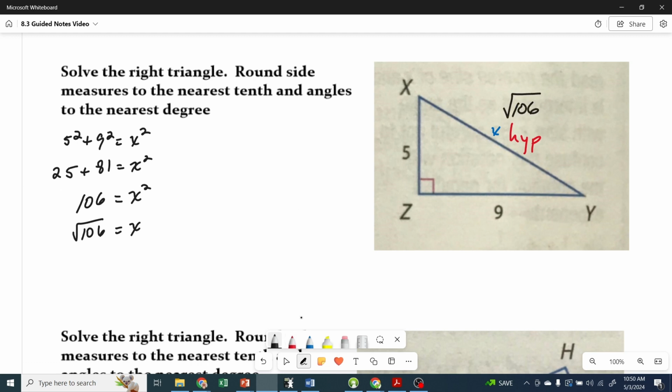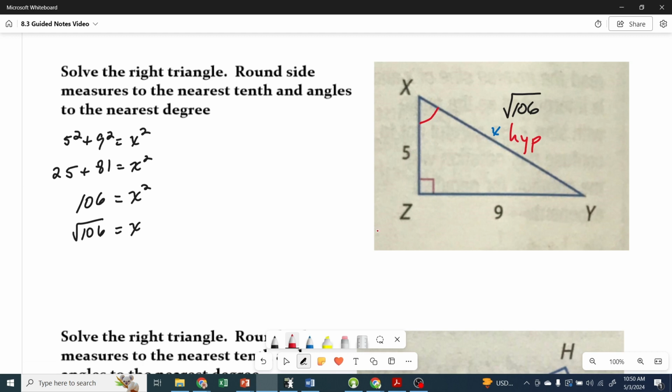Now we can choose any angle we wish. We know z is 90, so we don't need to do anything with that, but x or y. We could choose x or y, and we can choose any of the trig functions we wish to use. So I'm going to start with angle x.